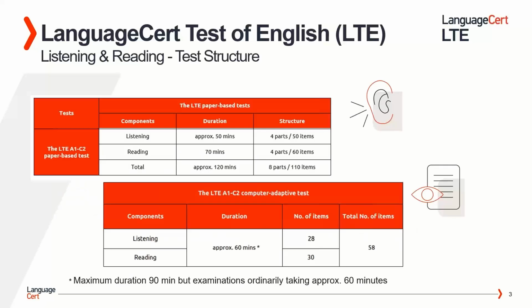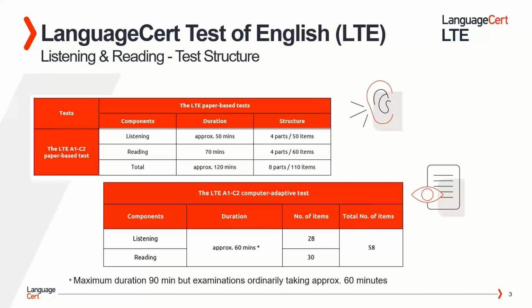In the tables hereby, you can see the key features of the paper-based and computer-based format of the examinations. You can also see the duration of each component, as well as details about their structure, the number of parts, and the number of items.